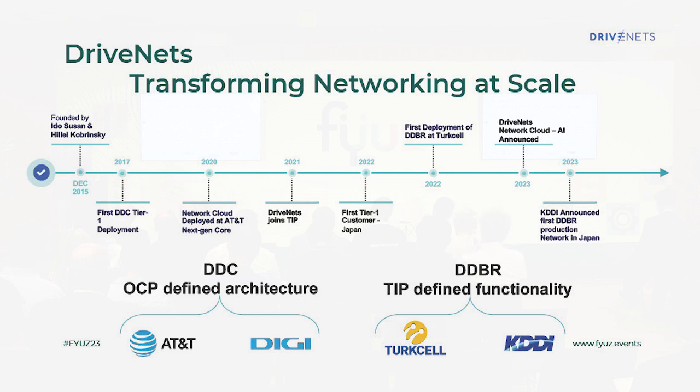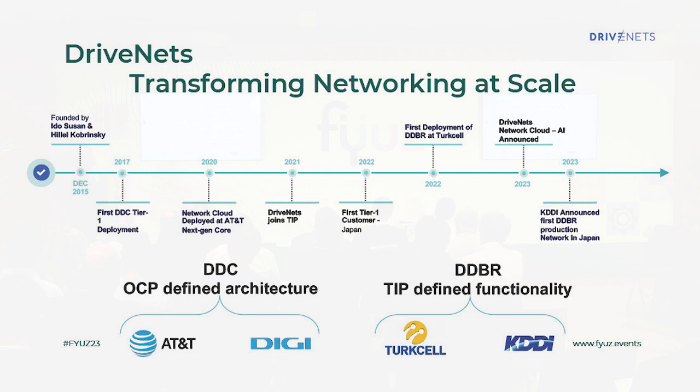So what TIP did is work on top of that and provide all the requirements that we have in all the different groups: aggregation, DDBR, cell-site router. It's just a translation of the requirements of the operators into this architecture.